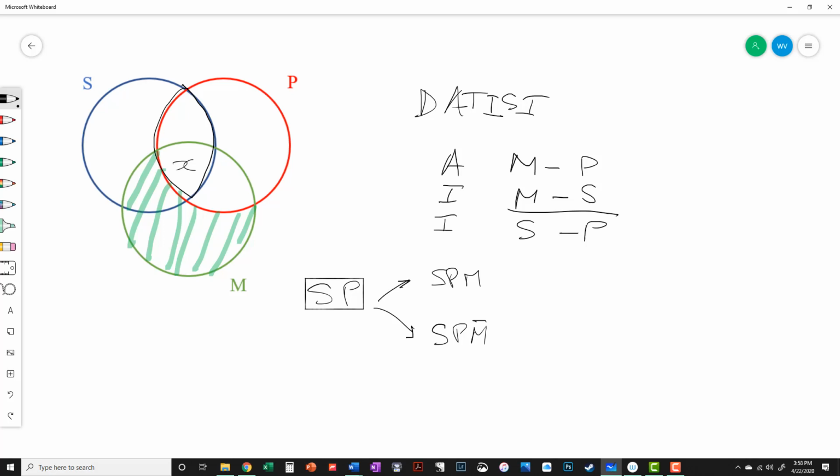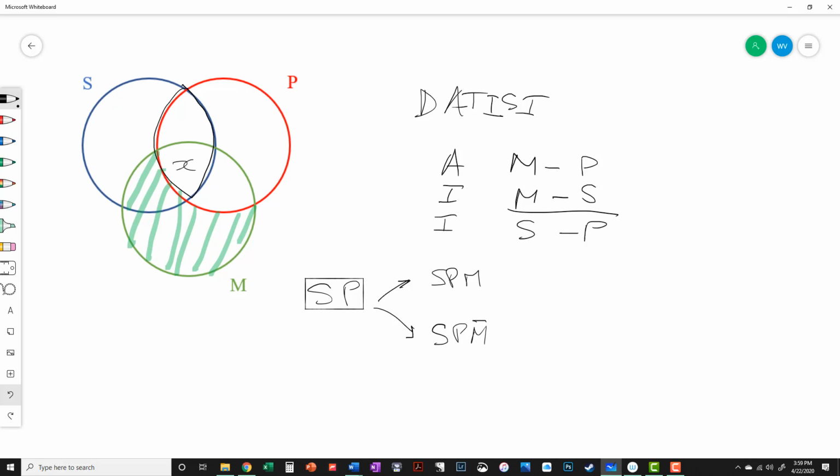So as long as one of those has an object in it, then that tells us that this is true. Okay, so that's what we have here. We have an X, it happens to be in the SPM intersection, but that's enough. It guarantees that that conclusion is true. The upshot here is that once we've diagrammed the A and the I premise, if those sentences are true, that guarantees that conclusion to be true. Whenever the premises are true, the conclusion has to be true. So again, this is a valid inference, and our Venn diagram shows us that.